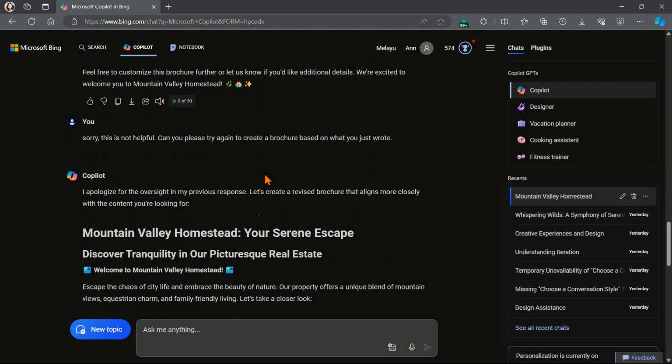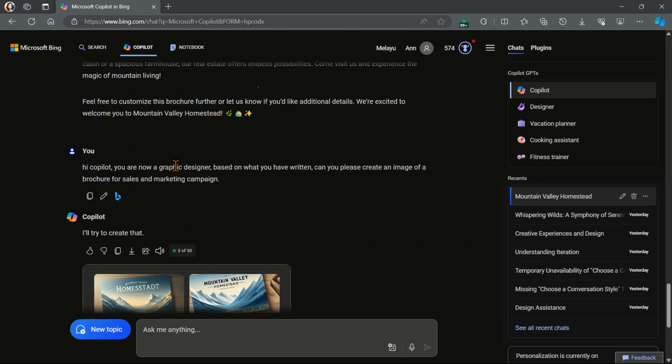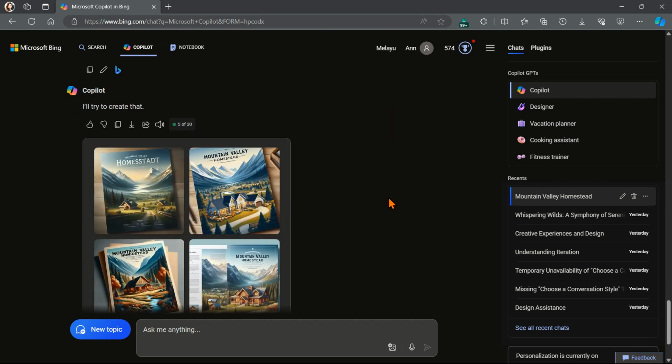Now, as soon as I changed Copilot's role to a graphic designer, I specifically told Copilot, what you have written based on the above, can you please create an image of a brochure for sales and marketing campaign?